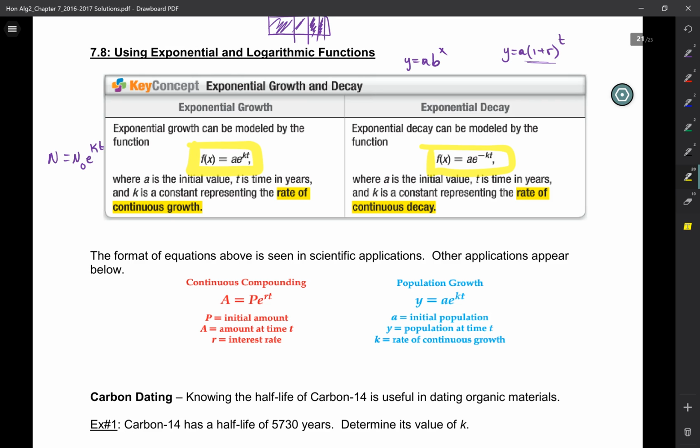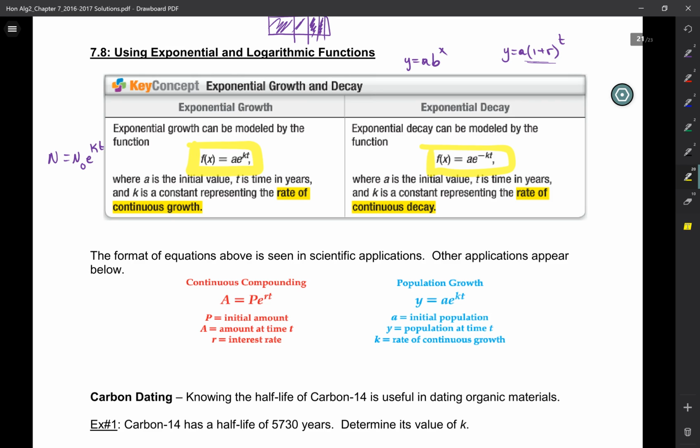Now, what does a represent? The initial amount, and t is time. k is a constant, and it's unique to each problem, and this is the rate at which something is changing. Now, I do not, under any circumstances, want you to memorize two formulas.